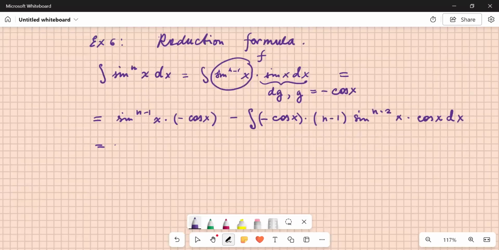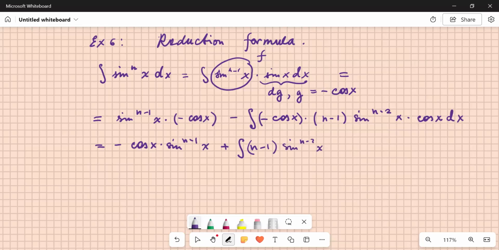So I'll need to copy the first expression. I'm going to put minus cosine of x times sine to the power n minus 1 of x. And here, I combine these two minuses into a plus. I'm going to put n minus 1, which is actually a constant and can be taken outside of the integral, times sine to the power of n minus 2 of x.